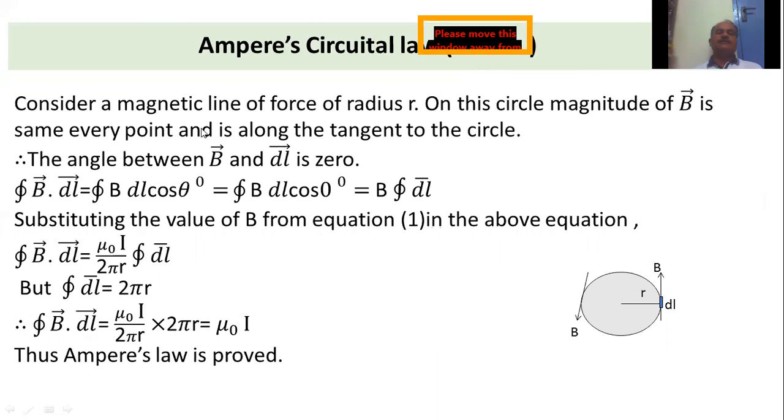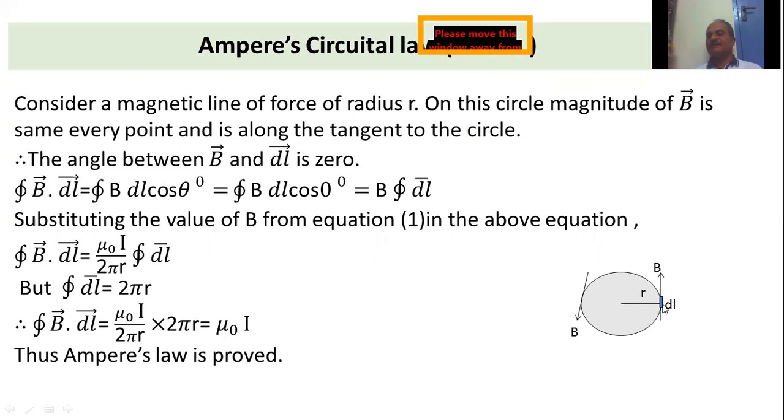And consider a magnetic line of force of radius r. On this circle, the magnitude of B is the same at every point and is along the tangent to the circle. Here in this diagram, I have considered a magnetic line of force, which is a circular one, and this is the center of the circular path.